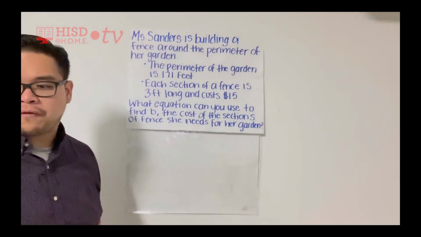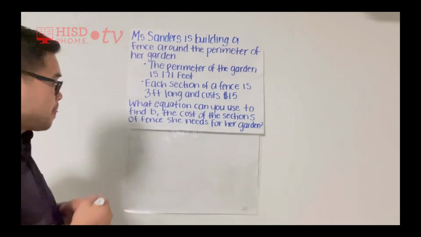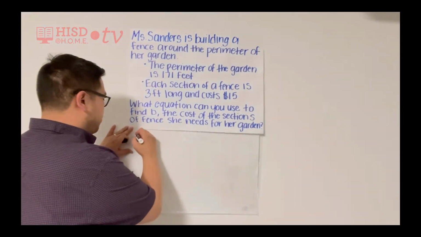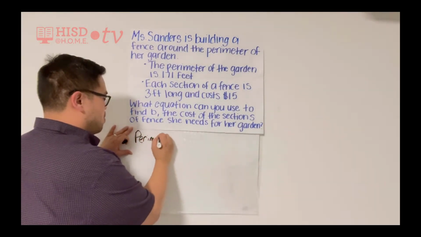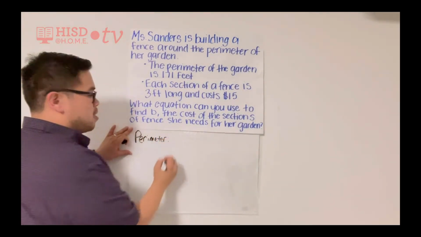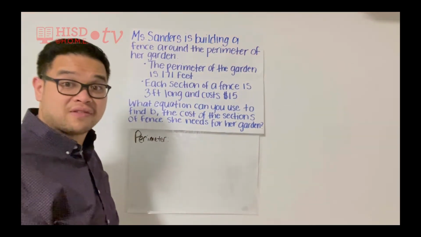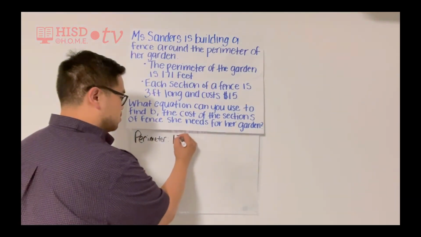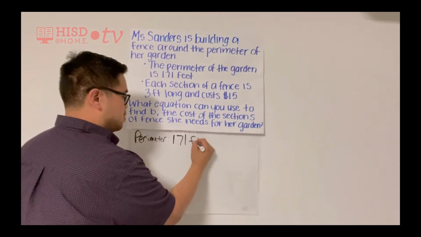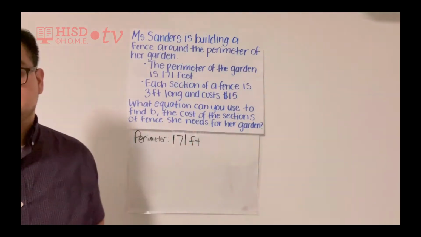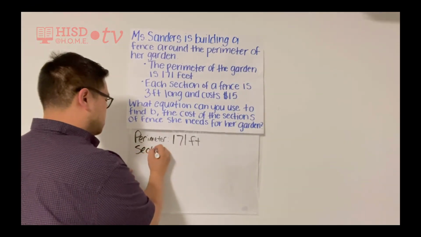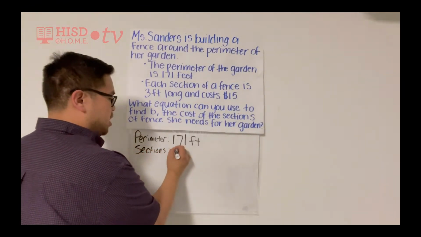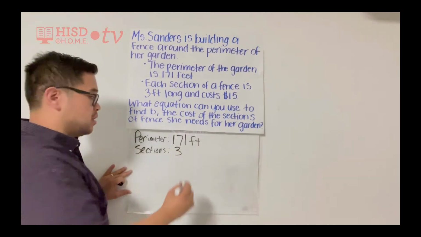So what we know so far is the perimeter is 171 feet. The sections are 3 feet.